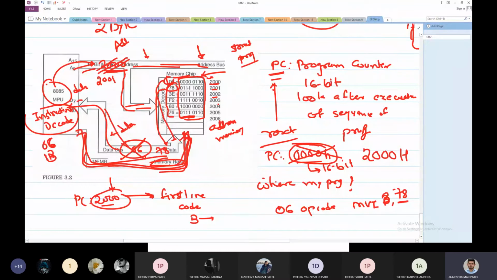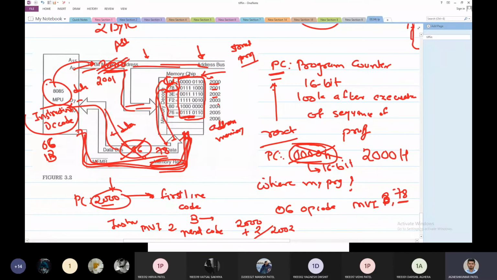Once this task is complete, what will happen? Now the instruction decoder knows that MVI was a 2-byte instruction. So my next code would be at whatever was the content of the program counter plus 2. So it knows the next instruction is at 2002.